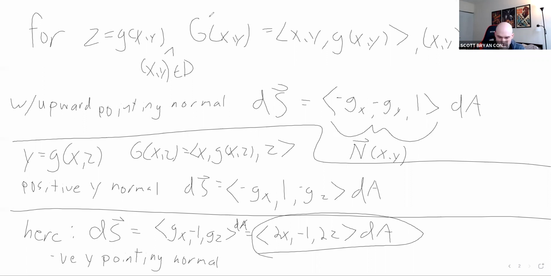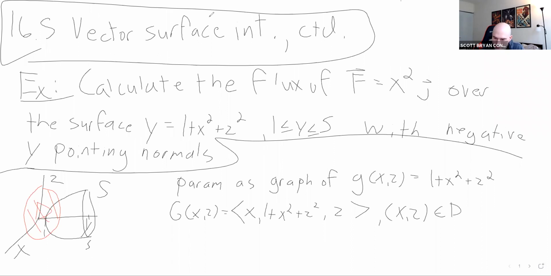Okay. So we have our d vector s. Let's put everything together. We wanted to integrate, our vector field was 0, x squared, 0.